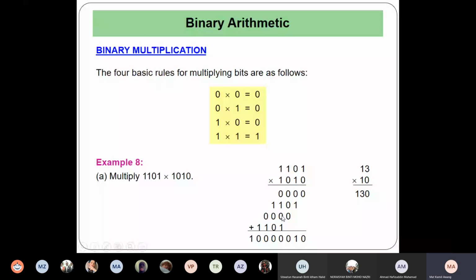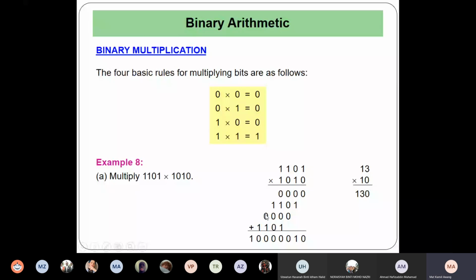So the sum is 0, the carry is 1. So 1, the carry 1 add 1 is 1, 0. Okay, 1, 0 add 0 is 1, 0. 1, 0 add 0 is 1, 0. So the sum is 0, the carry is 1. So 1 add 0 is 1.